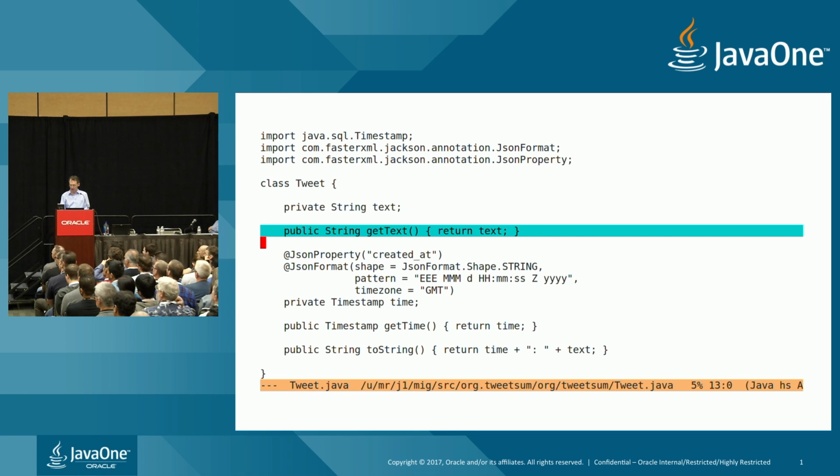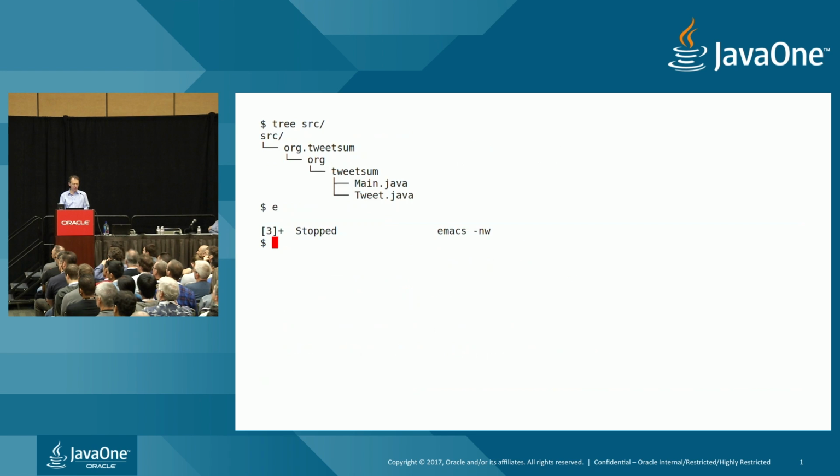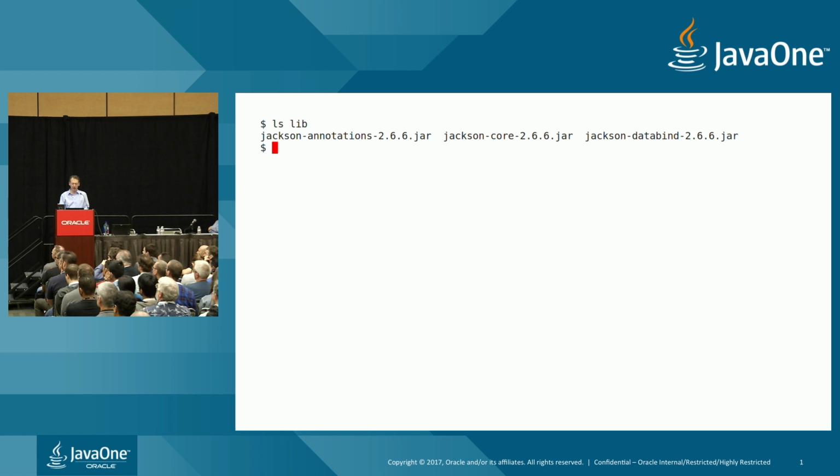Let's compile it and just show that it works before we attempt to change anything. In my lib directory, I've got the three Jackson jar files that I need. These are a slightly old version, but for these purposes, it doesn't really matter. Let's compile these. So what do we do? javac -d classes, class path.